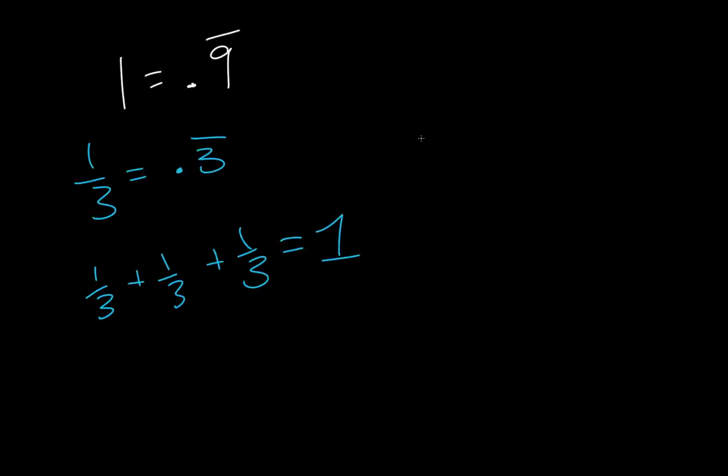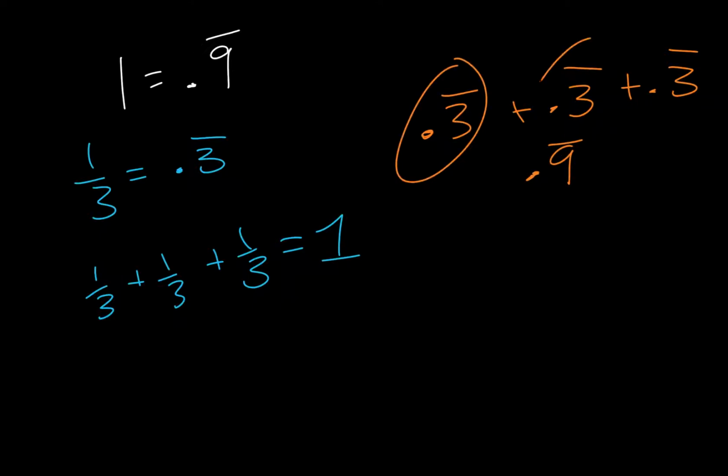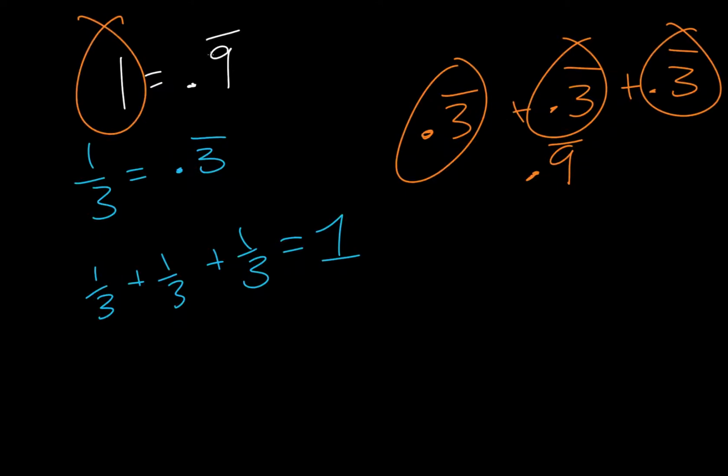People will generally agree that 0.3 repeating plus 0.3 repeating plus 0.3 repeating is 0.9 repeating. Since this is 1/3, 1/3, 1/3, it's equal to 1. And therefore, 0.9 repeating is also equal to 1. So once again, they're not close to each other. They're exactly the same thing.